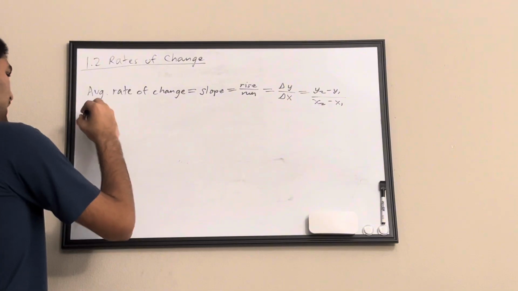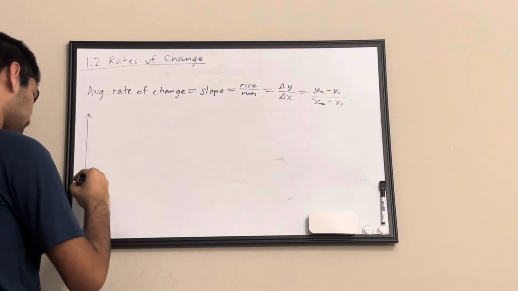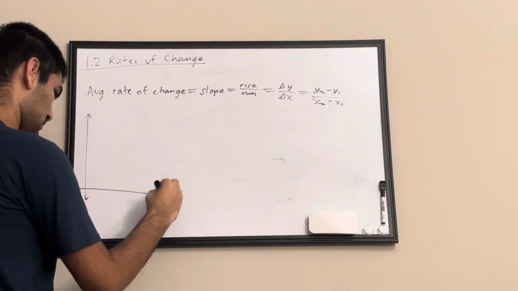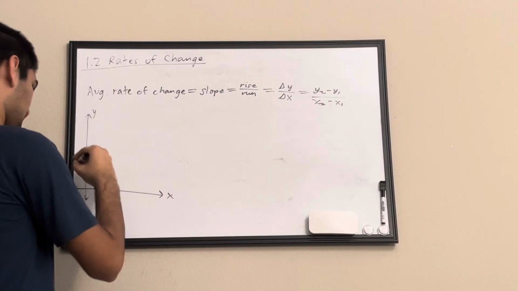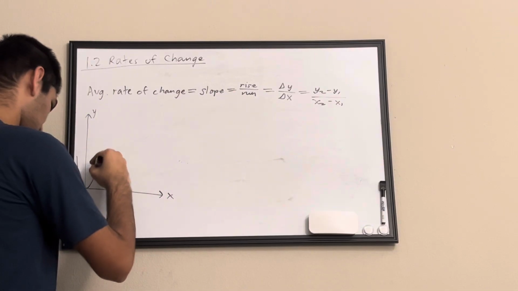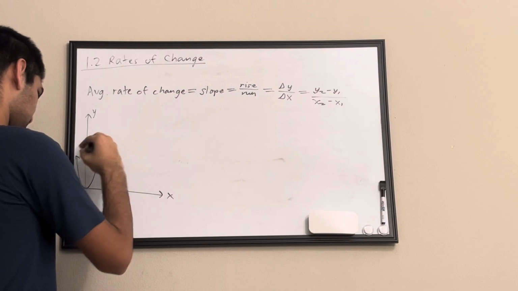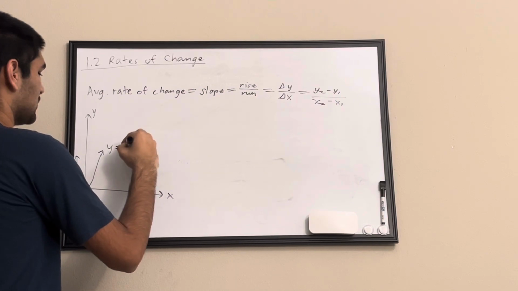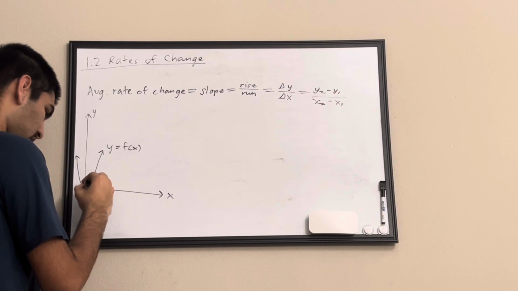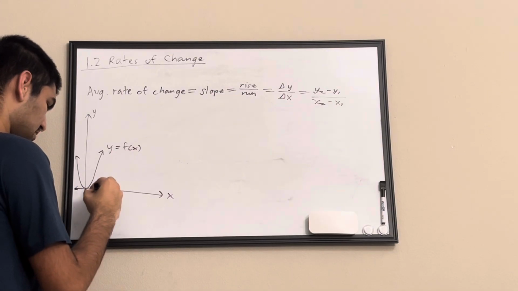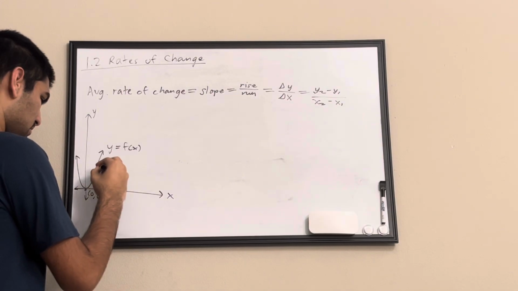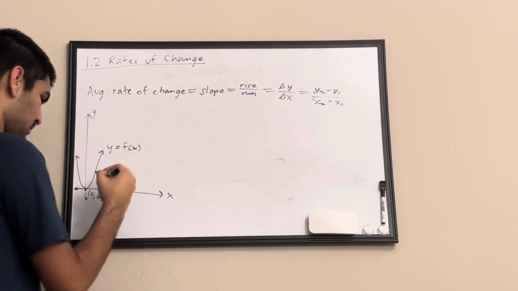So let's say we have some graph, like this. So this is y equals f of x. And let's say we have to find the average rate of change between the point 0, 0 and say like 3, 2.